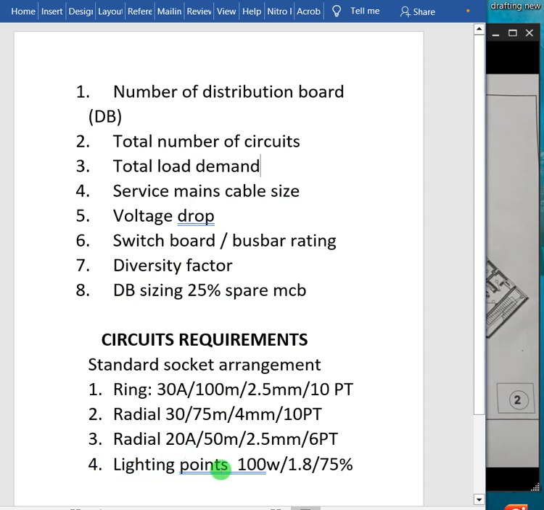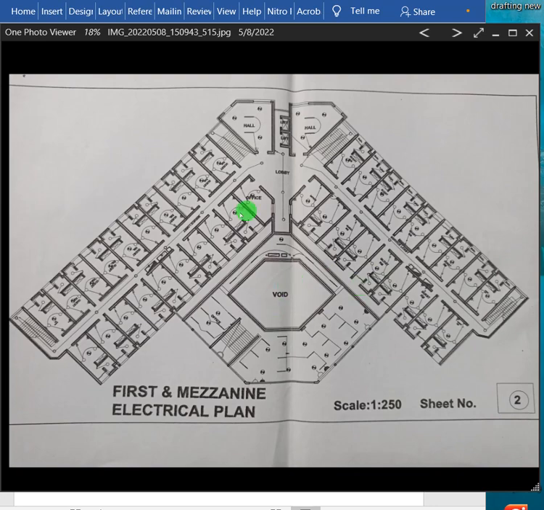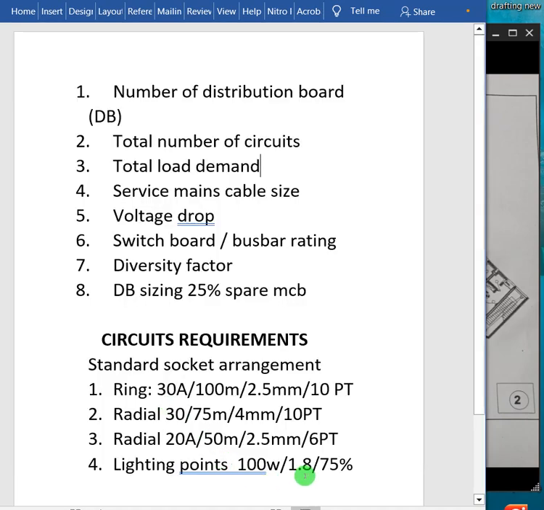Then for the lighting circuit, we're going to use 100 watt for each of the lighting points, okay, for our calculation. Then we are going to also apply a 1.8 factor. This factor of 1.8 is set aside to add allowance for a certain category of lighting system, such as discharge lightings, fluorescent, energy saving, LED, and shocks.